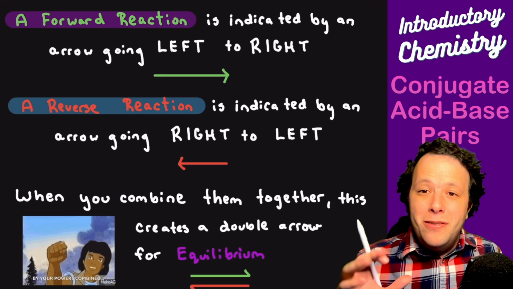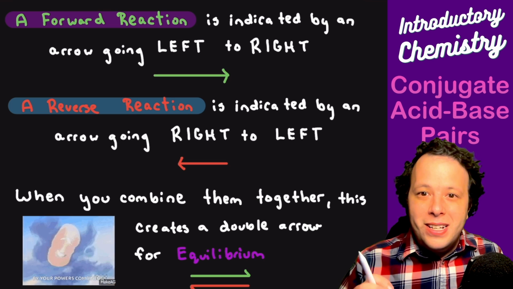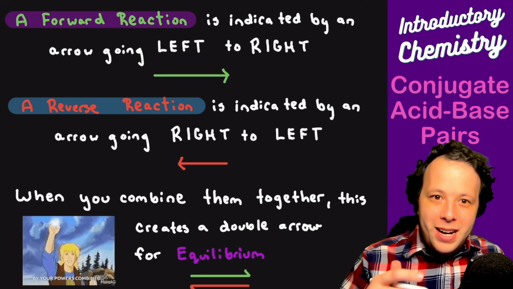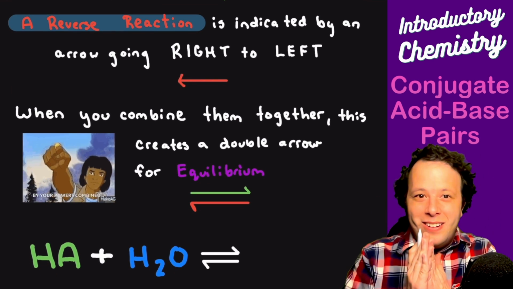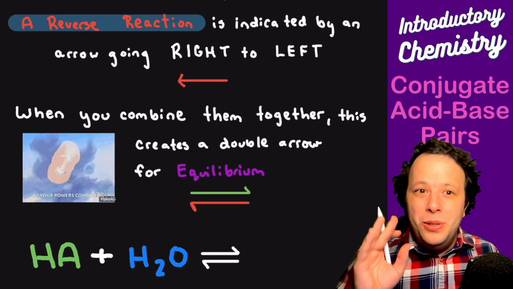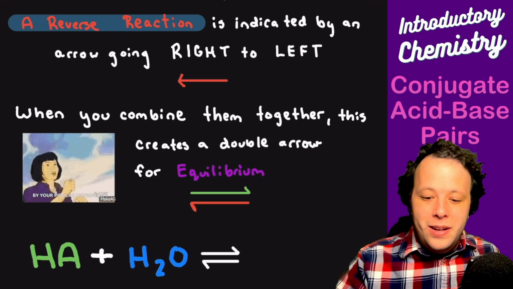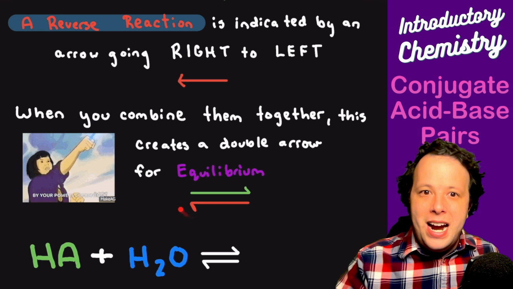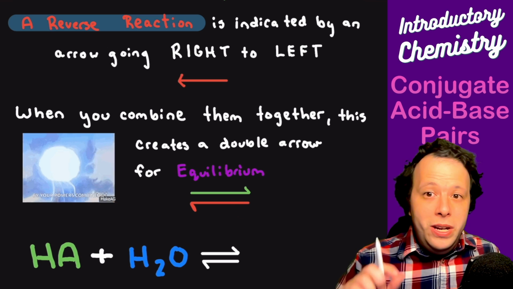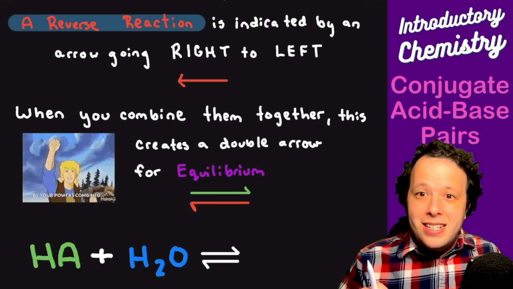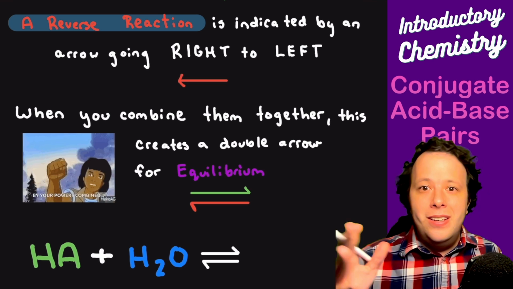Now, since we have this equilibrium process with both forward and backwards reactions, we're going to combine their powers together and make an equilibrium arrow. So you'll see this double arrow placed in a lot of reactions that have weak electrolytes. And that's telling you that the reaction goes forward and back.